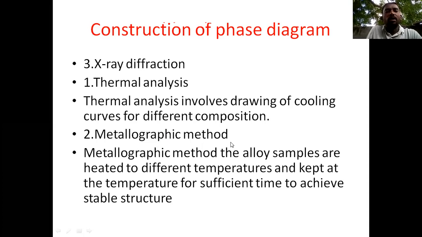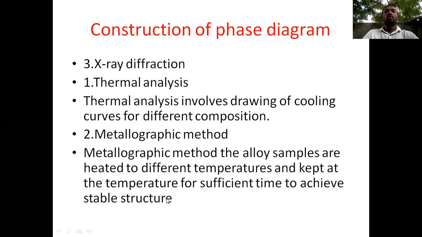Next is the metallographic method. In the metallographic method, the alloy samples are heated to different temperatures and kept at each temperature for sufficient time to achieve a stable structure.